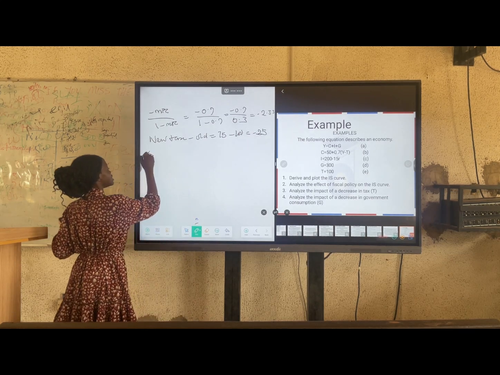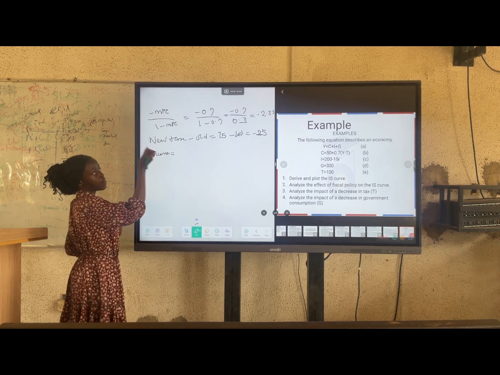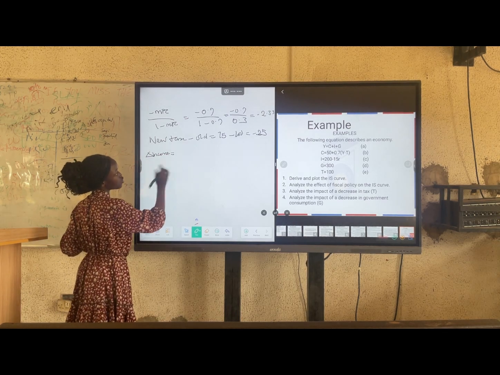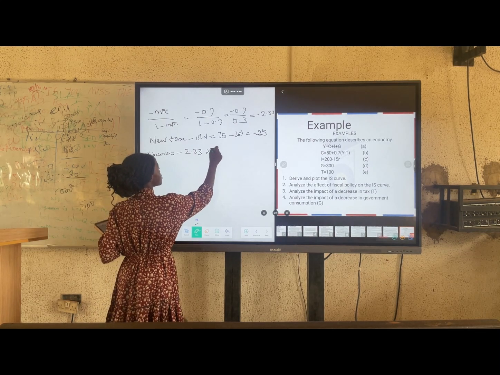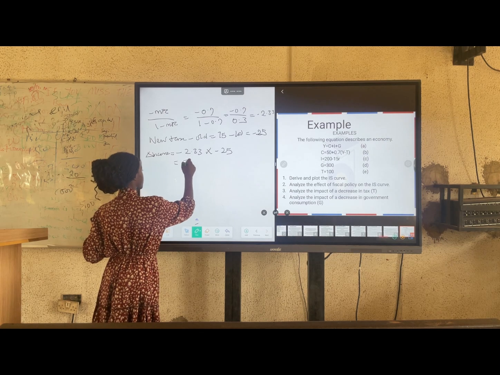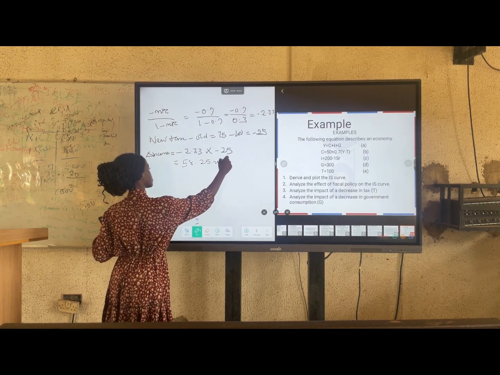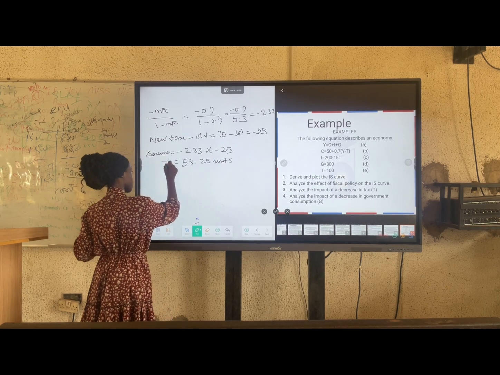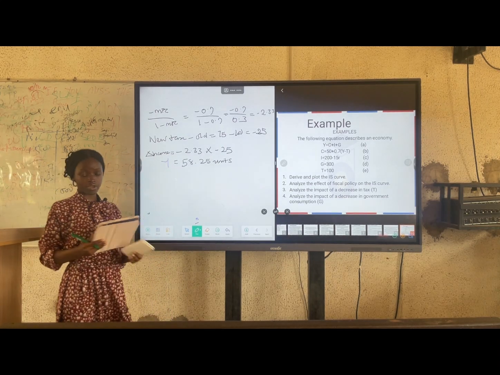To get my change in income, it's the tax multiplier multiplied by my change in tax. My tax multiplier is minus 2.33 and minus 25 gives 58.25. So as our change in income, we got 58.25 units.